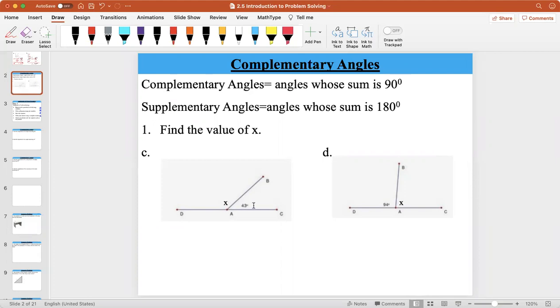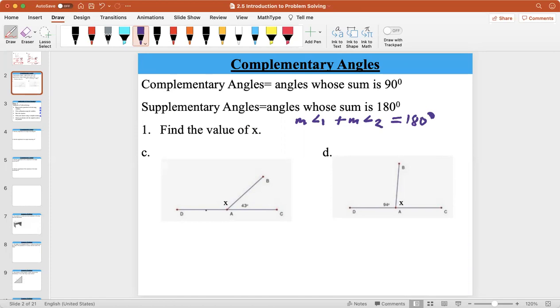What is x when the other angle measures 43 degrees? Well, before we solve that, we can use the relationship between supplementary angles, which is measure of angle 1 plus the measure of angle 2 equals 180 degrees.